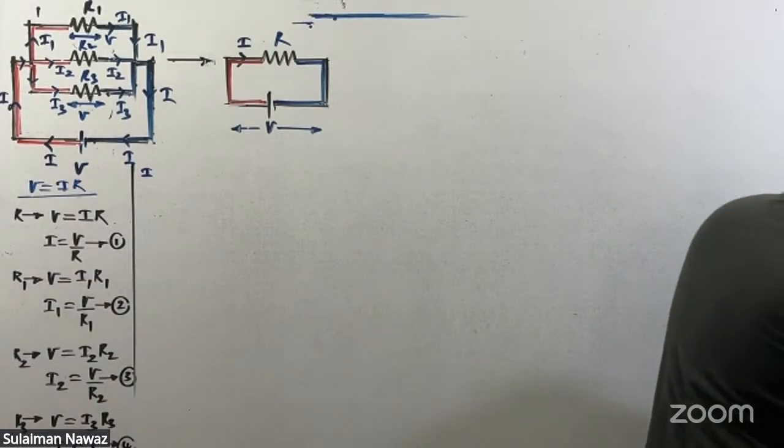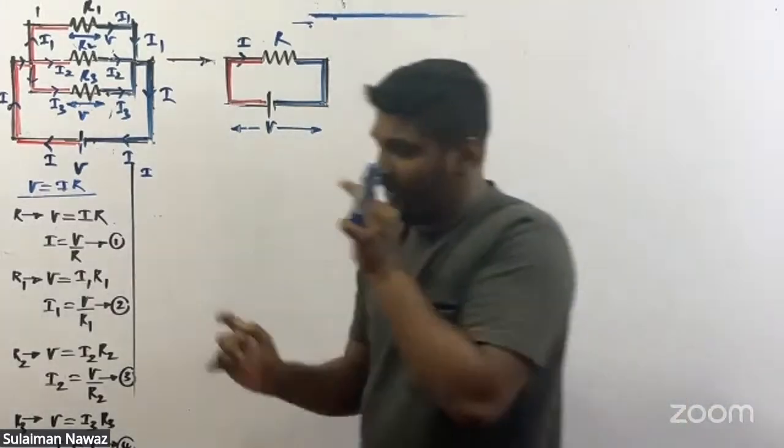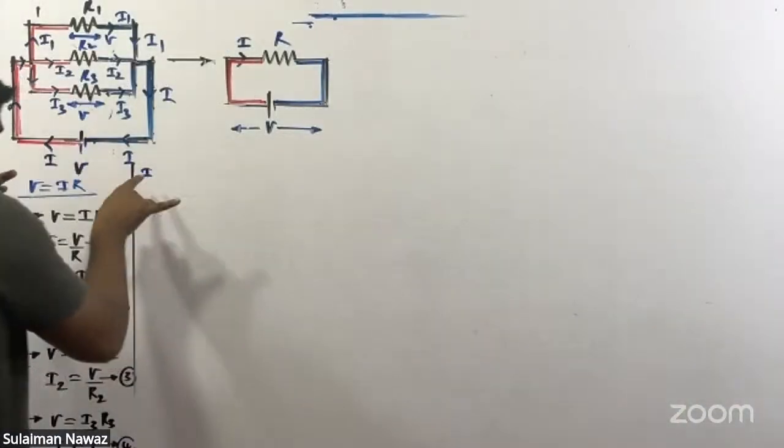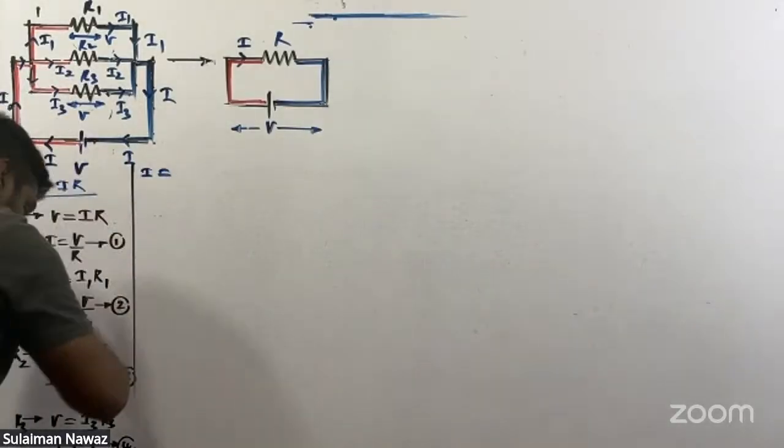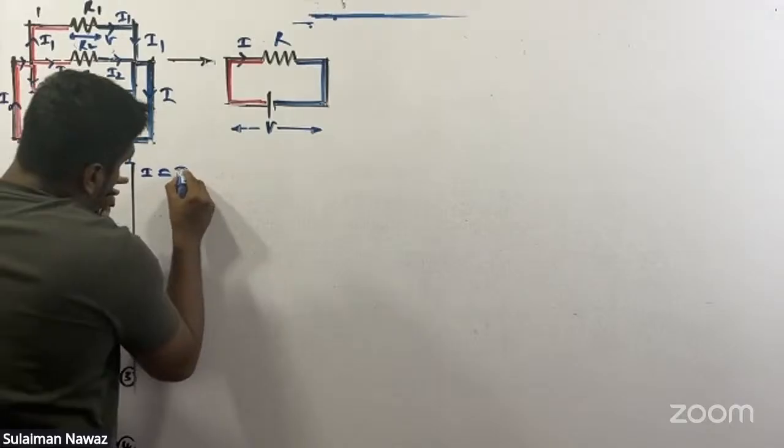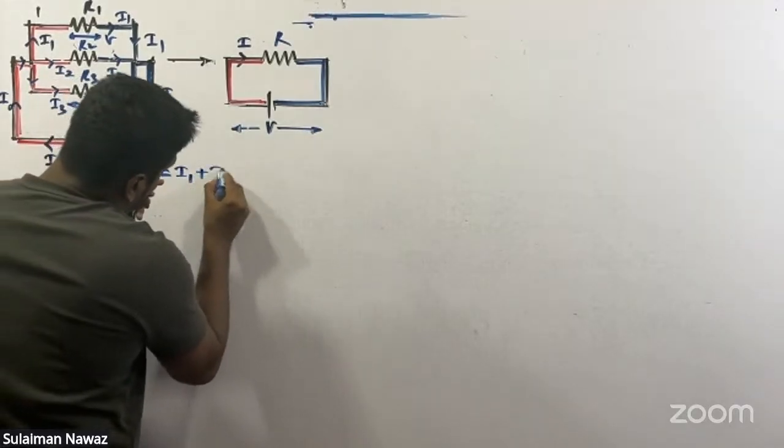Below that point, if you have some space, write this: I equals I1 plus I2 plus I3, and substitute.